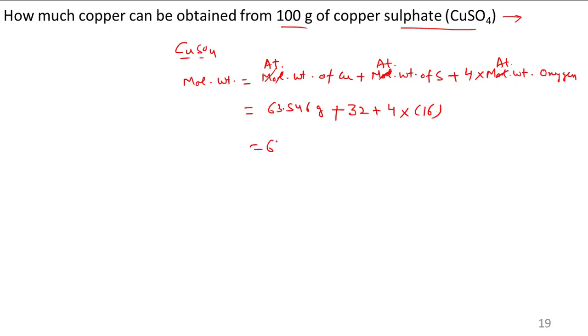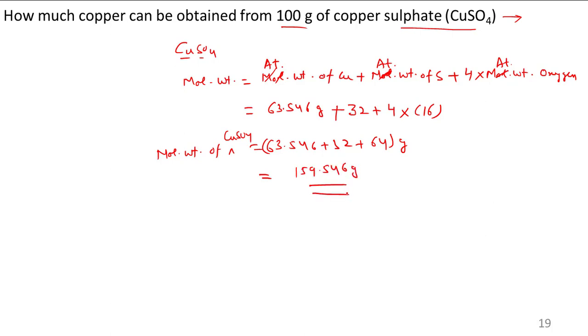It is 63.546 plus 32 plus 64 grams. So this is the molecular weight of copper sulfate. If we add this, it will come out to be 159.546 grams.